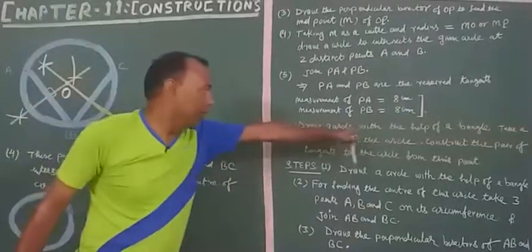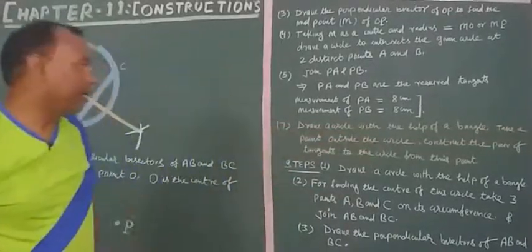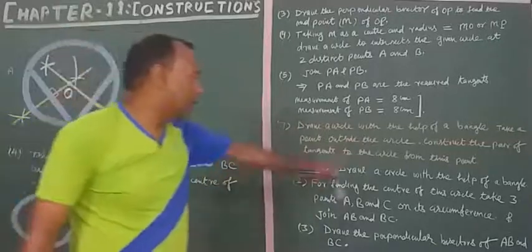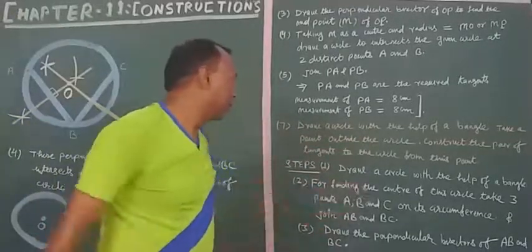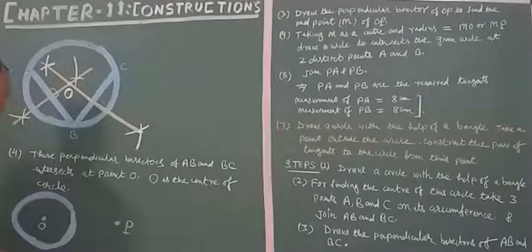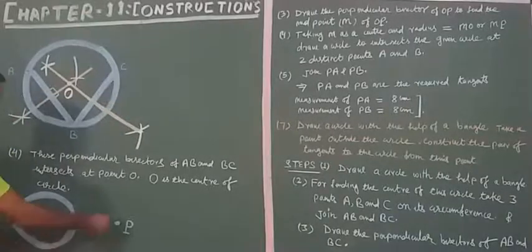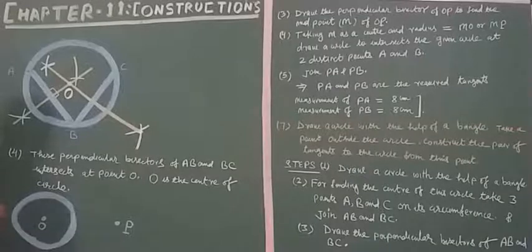This was the question. Draw a circle with the help of a bangle. Take a point outside the circle and construct the pair of tangents to the circle from this point. Now we have to construct the tangents from this point P. Okay. So what we will do for that?